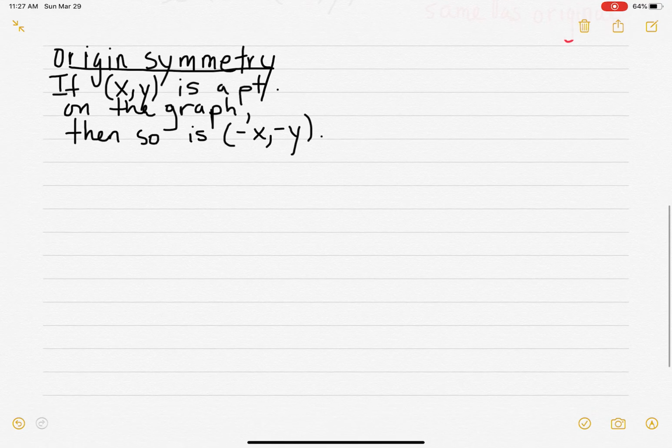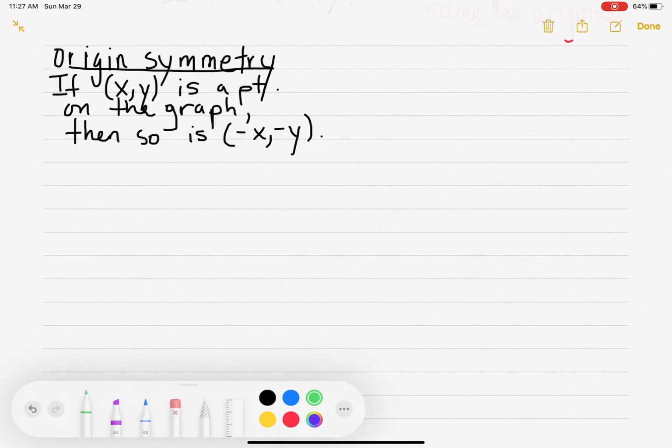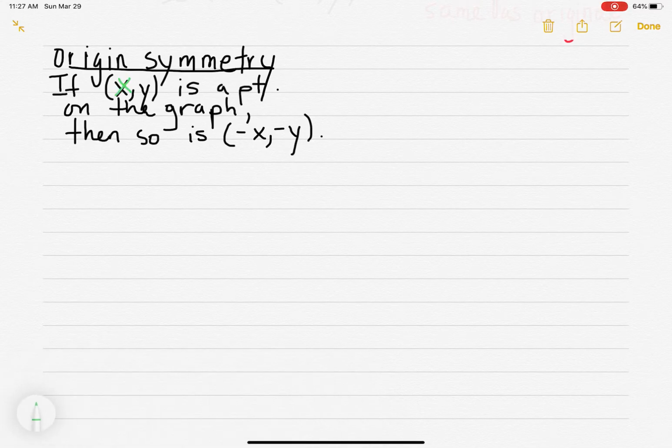Now for origin symmetry, let's do these in green. So if (x, y) is a point on the graph, then (negative x, negative y) should also be a point on the graph. That's something we established. We're going to write here origin test.